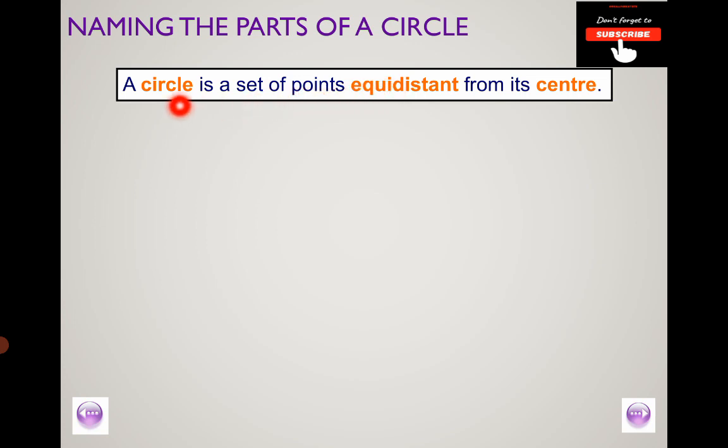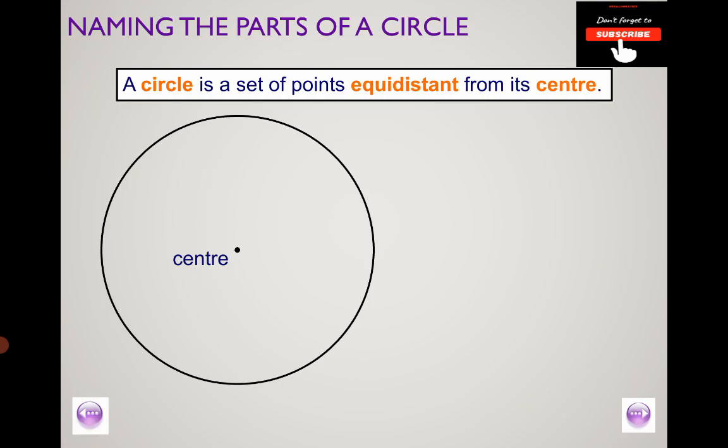So we are saying a circle is a set of points which are at the same distance. Equi means equal distance from its center. A circle is circular. When you draw it, it has a rounded shape like that. So the points are the ones that are represented by this rounded shape.